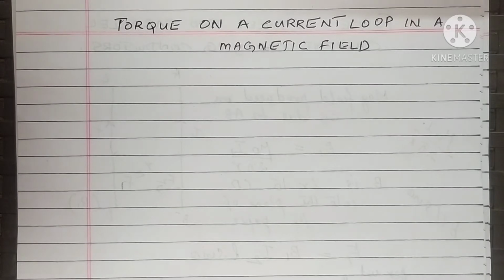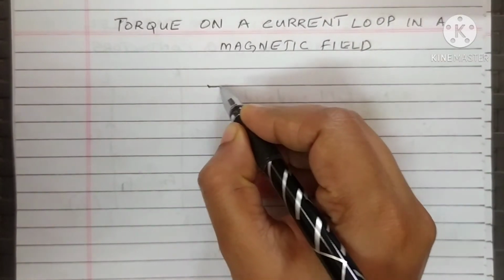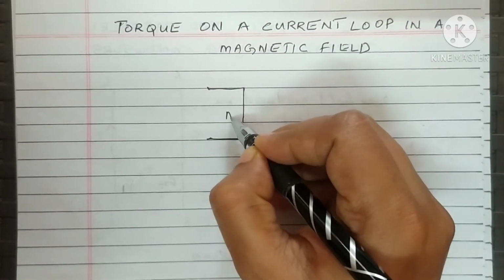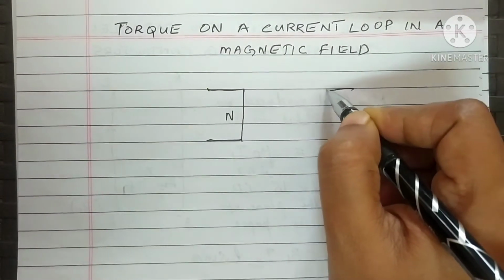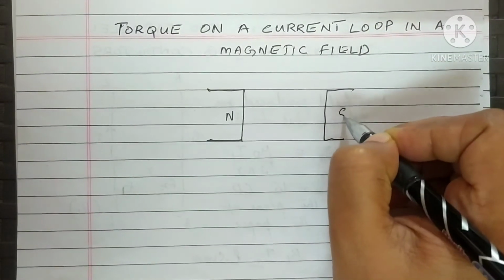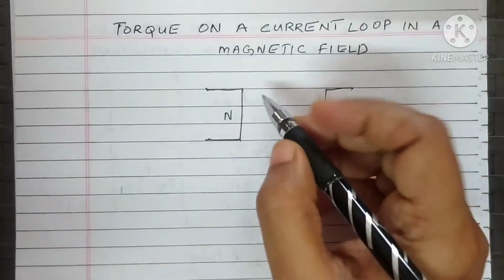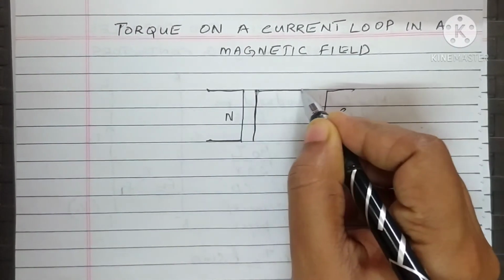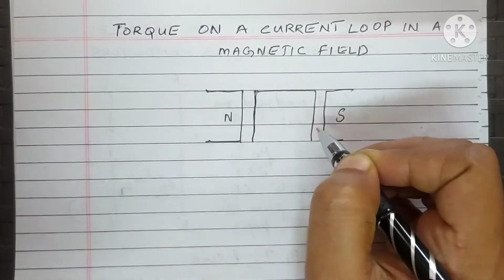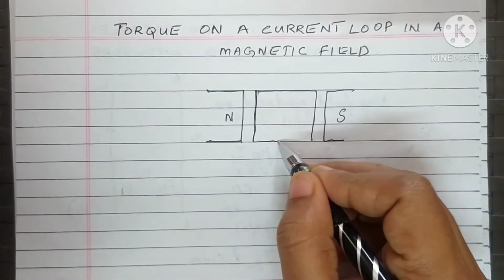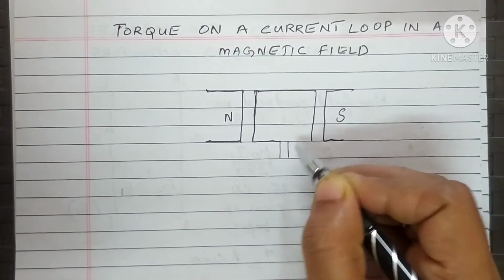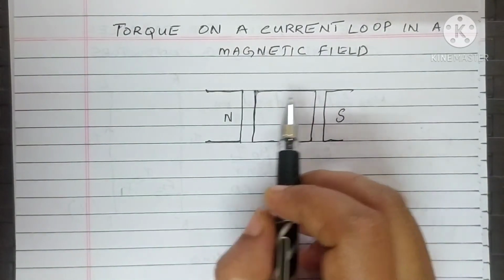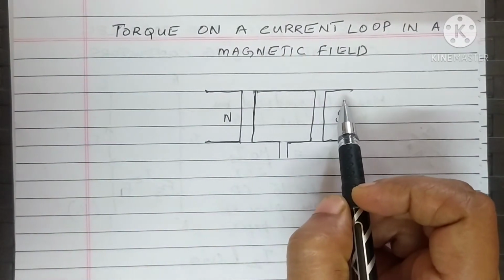For that we need a diagram. To create a magnetic field, I am using the pole pieces, north and south. Now the rectangular loop is placed between the pole pieces so that there will be a uniform field from north to south.